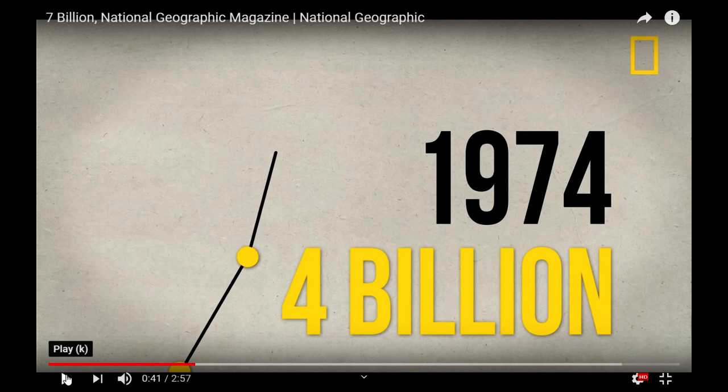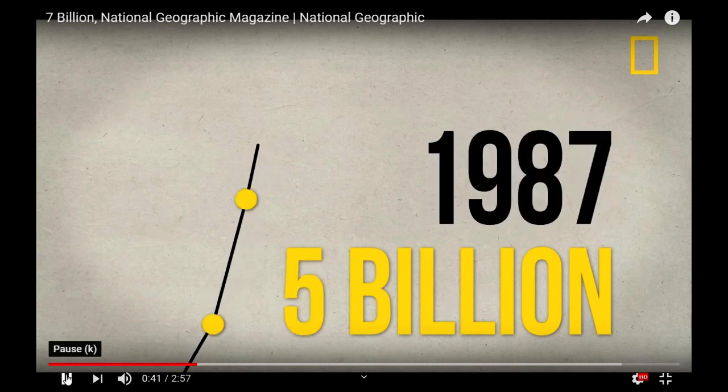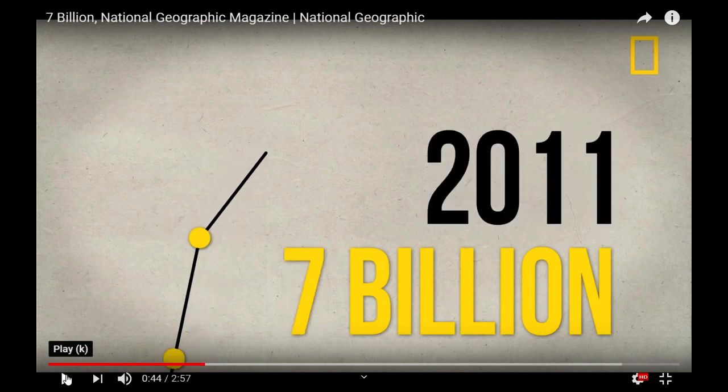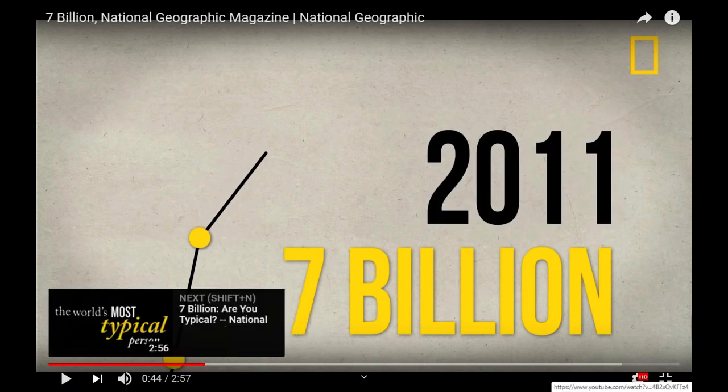It's getting shorter and shorter and shorter. By 1987, we have 5 billion people. By 1999, we have 6 billion people. And by 2011, we had 7 billion people.